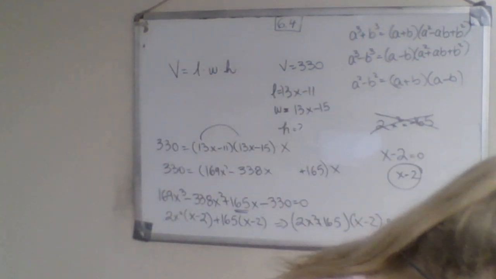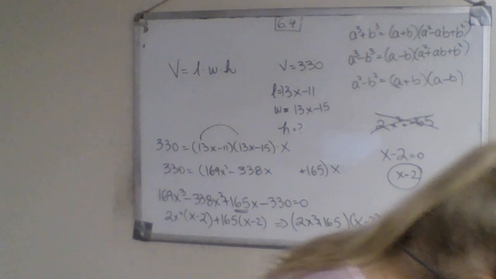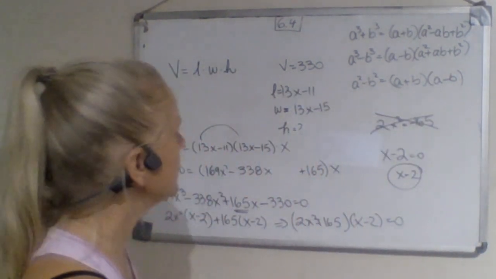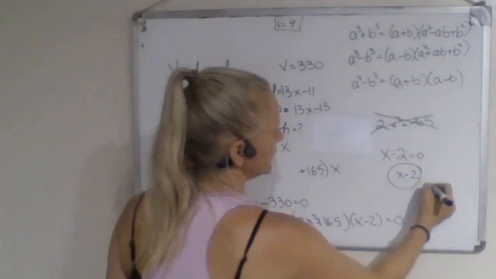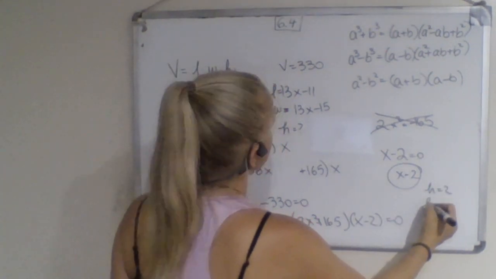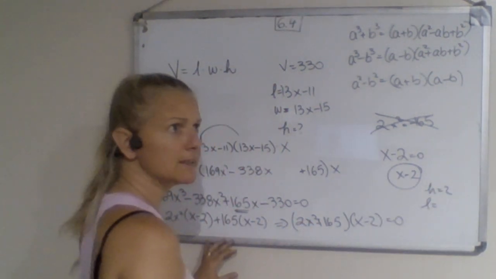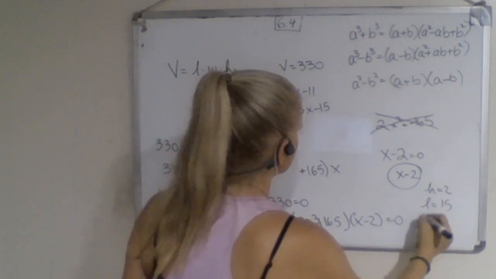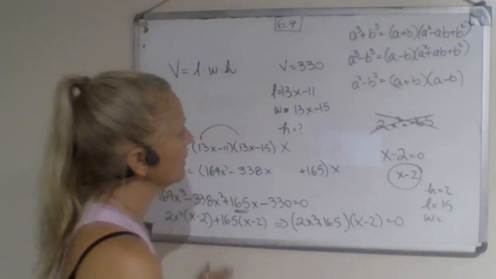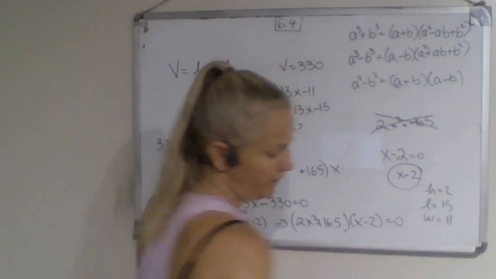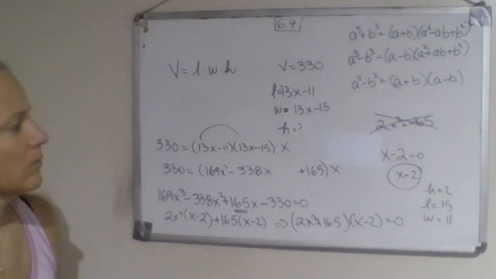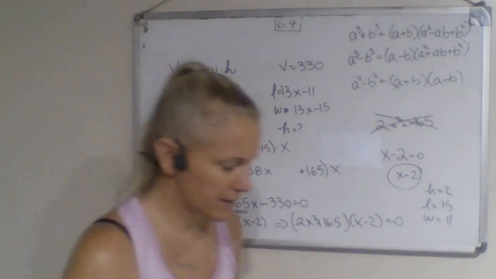So the height of that block is 2. If you need all of the dimensions, my height is 2, my length is 26 minus 11, 15, and my width is 26 minus 15, 11. We only needed the height, but those are the dimensions.